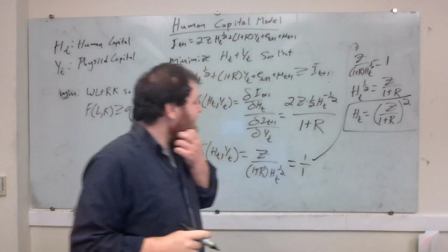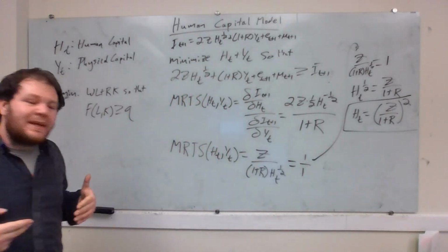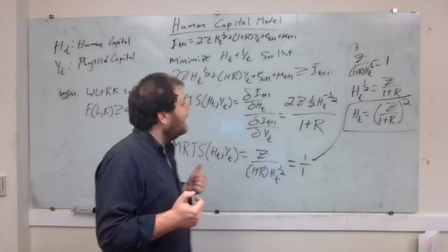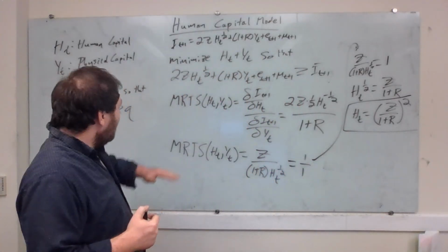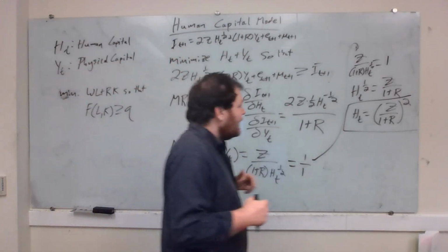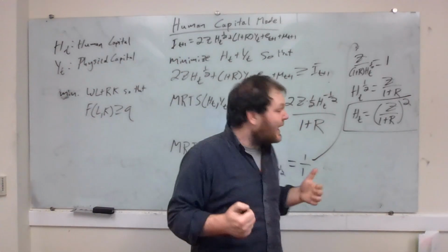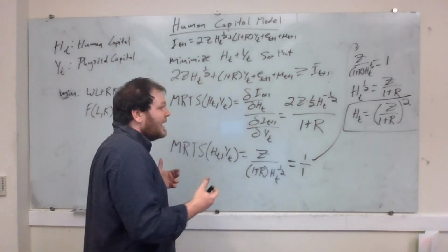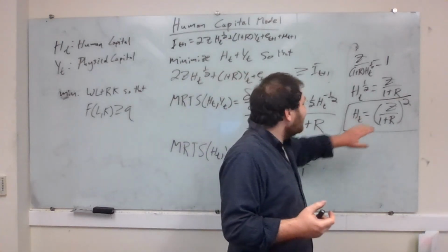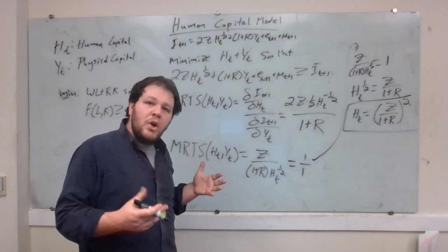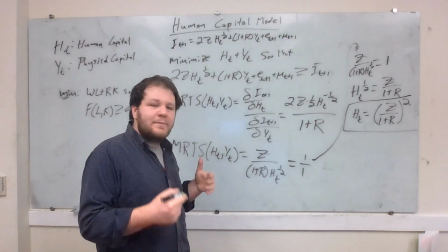Essentially what this is telling us is our optimal investment in our child's human capital is not going to depend on how wealthy we are. As long as we want to help our child achieve some particular level of income, I_{t+1}, and that level is high enough that we have an interior solution, so we'll be investing in human capital and physical capital, we'll choose exactly the same amount of human capital whether this I_{t+1} is really huge or really small.